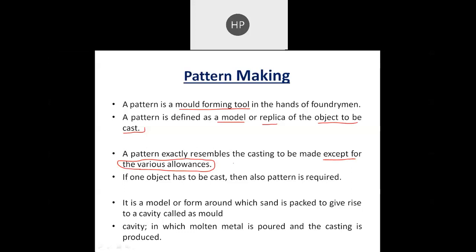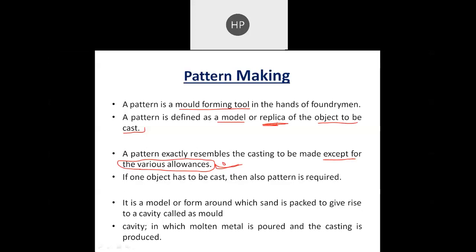It is not exactly the same as the model or the object, but it has a certain dimension change. Why are those dimension changes required? Because of the allowances, and why those allowances are important, we are going to see in detail. But as we know, it is a model or replica of the object.